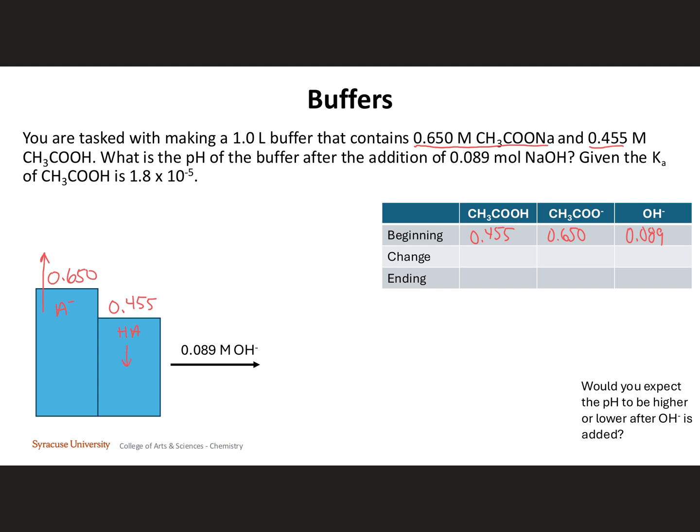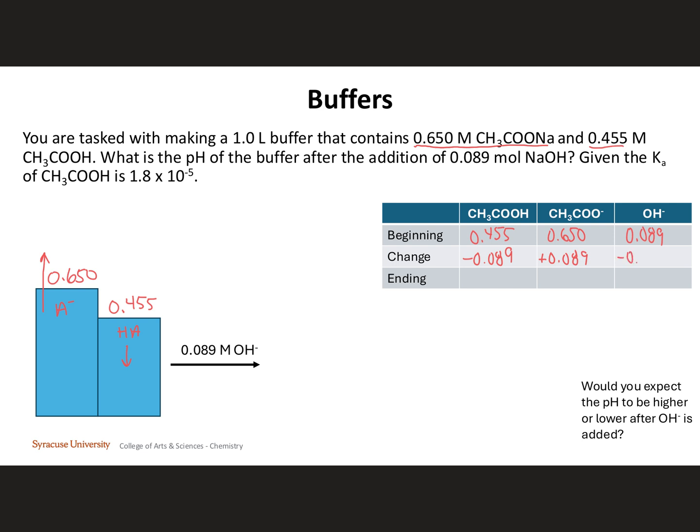The strong base should react with the acid. So we react the base here. We're going to subtract that concentration here. The product of that reaction is more conjugate base, so we want to add the concentration here. Remember, both concentrations need to change.